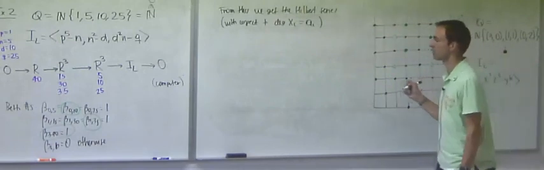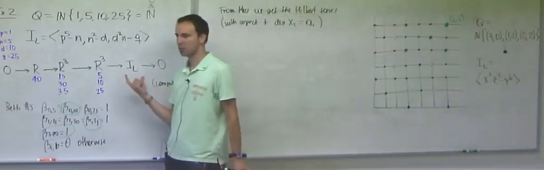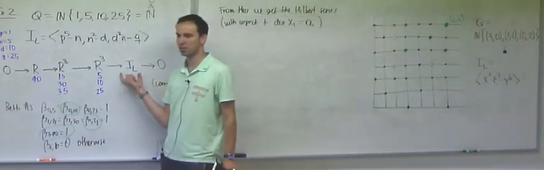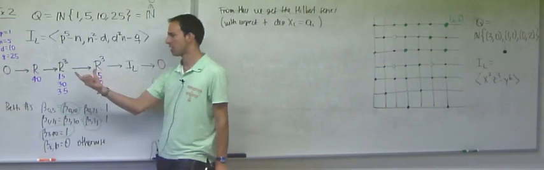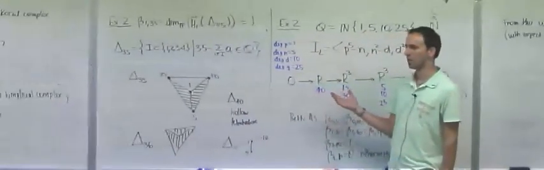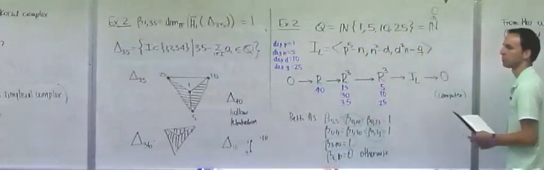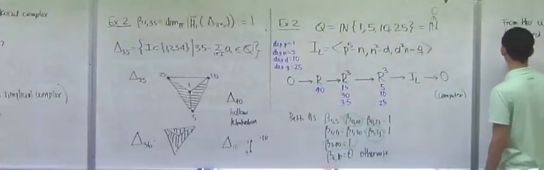How is that? Well, again, remember that the point is that if you have a free resolution, then the Hilbert series of this guy is the Hilbert series of this one minus the Hilbert series of this one plus the Hilbert series of this one. And so all we need to know is how to compute the Hilbert series of R. And what's the Hilbert series of R?